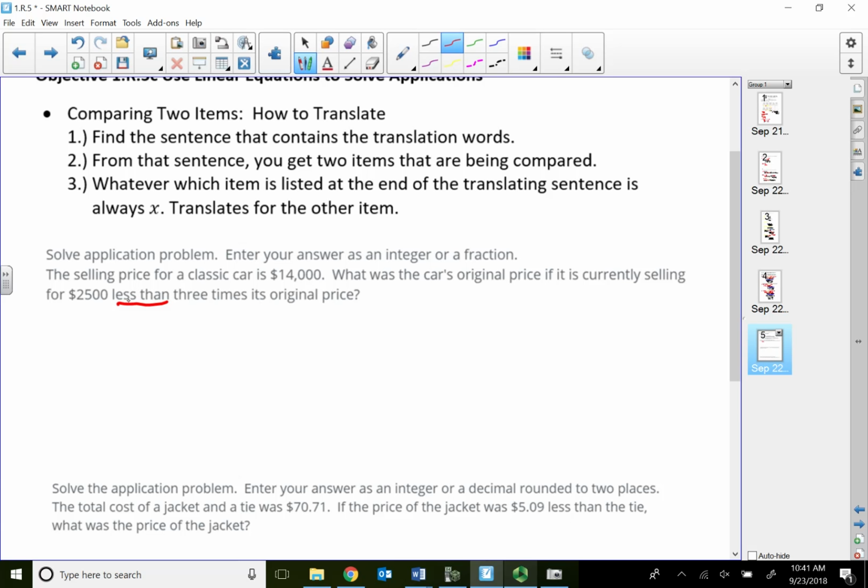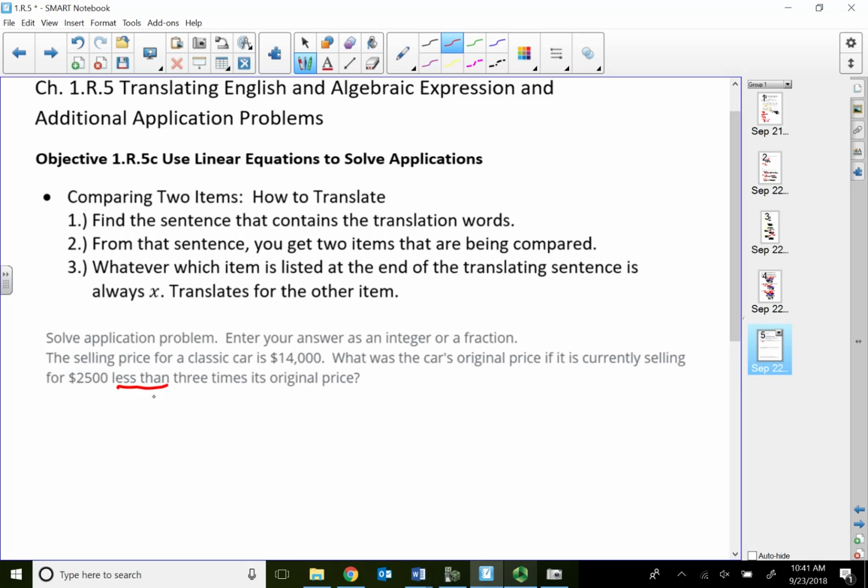So whenever you find the translation word, you need to know who is less than who. What are the two items? Where does that sentence begin and end that I need to translate? Who is less than who? What it's trying to say is less than the original price. So if you go back, who is $2,500 less than?